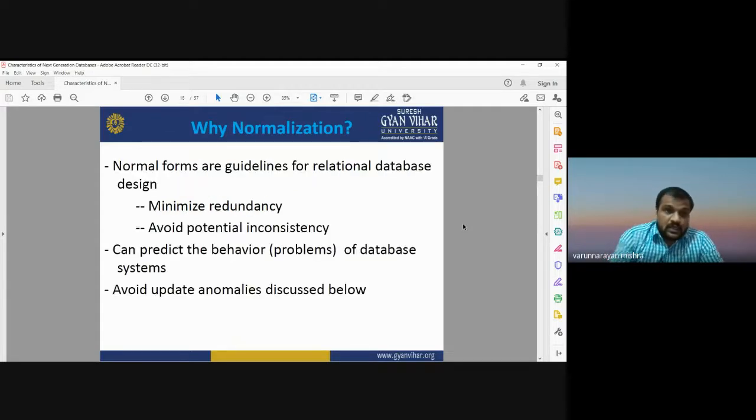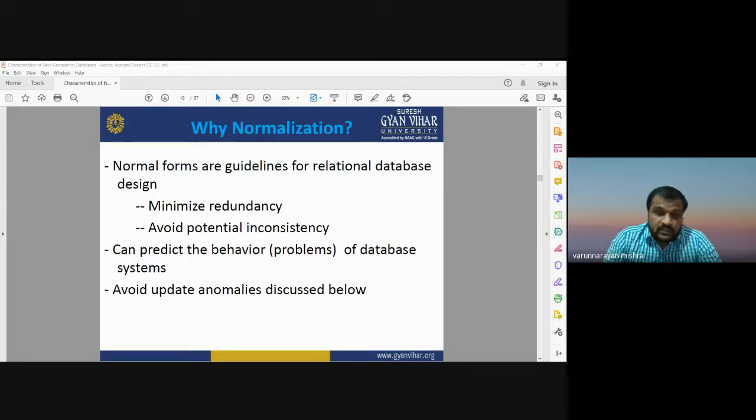And why are we going to use normalization? What is the need of the normalization process? As we all know, all the normal forms are the guidelines for relational database design. When we are working on the normalization process, we have the facility to normalize the relational database design for minimizing data redundancy.